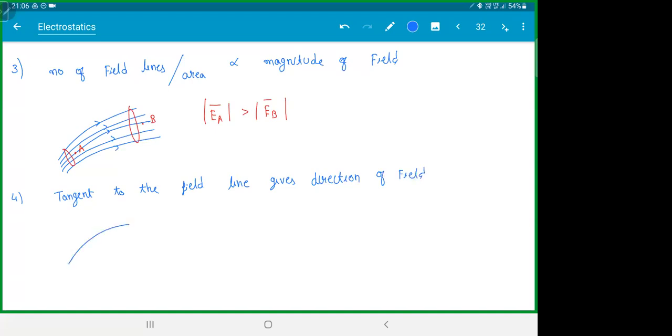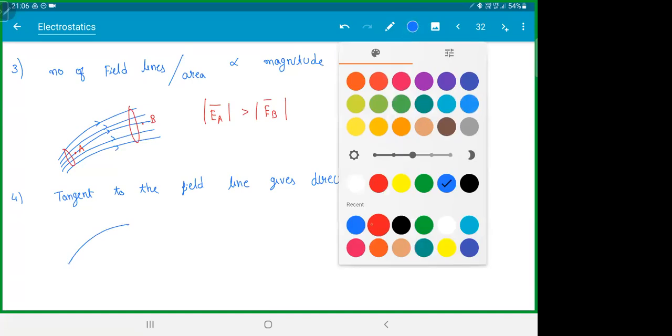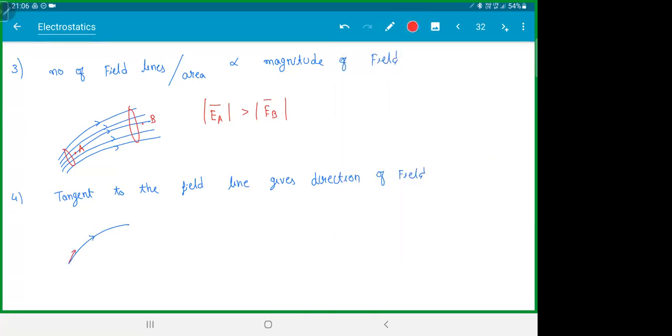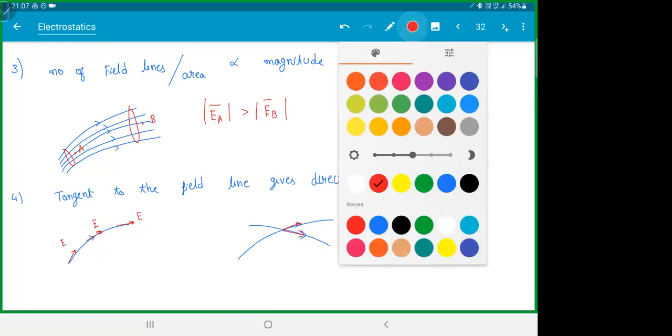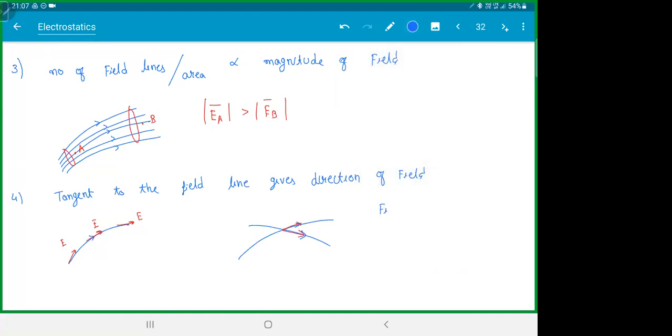That means if you have a field line like this, the field at any point will be a tangent. So because of this, two field lines will never intersect. Why? At the point of intersection, you have two tangents, which does not make sense. So field lines will never intersect.